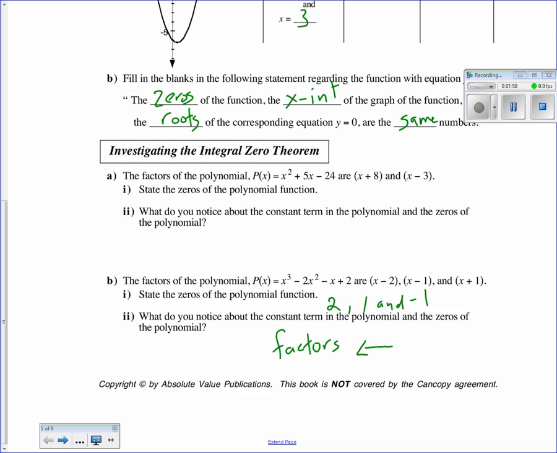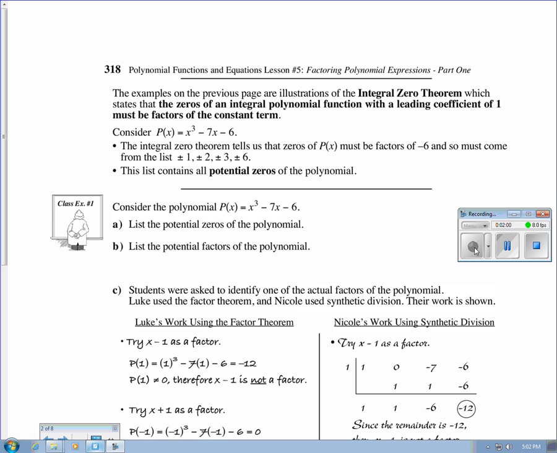Let's turn the page. So here is the theorem that we're working on. The zeros of an integral polynomial with a leading coefficient of 1 must be factors of the constant term. So when I look at the example presented, I get to list all the factors of 6, plus and minus.